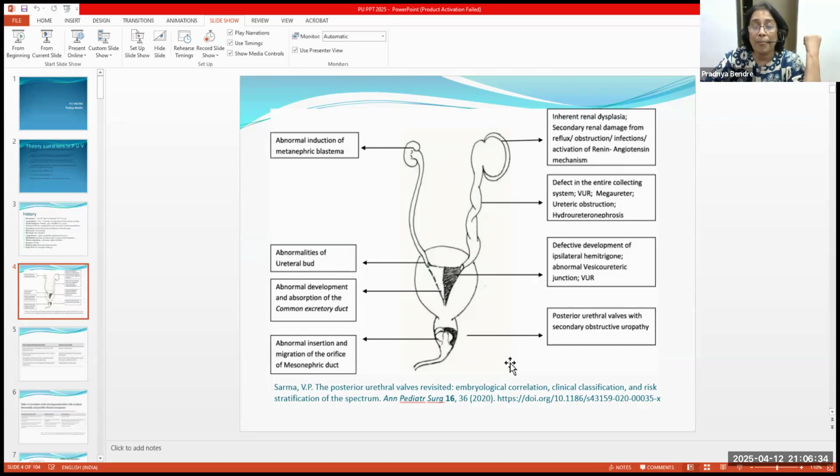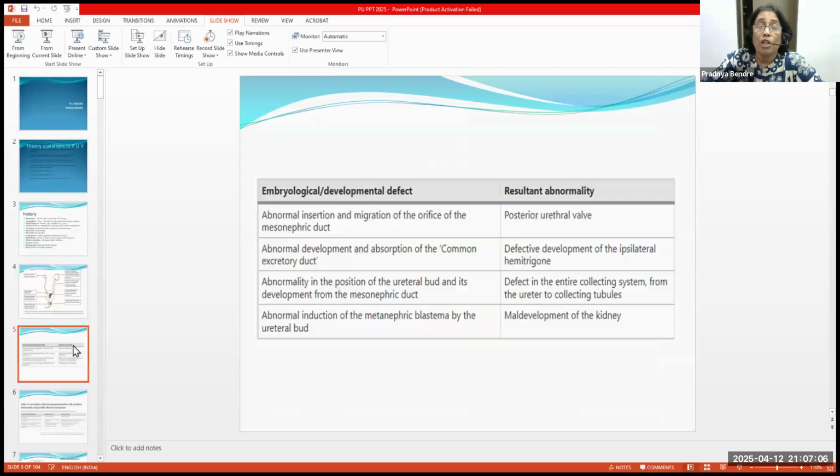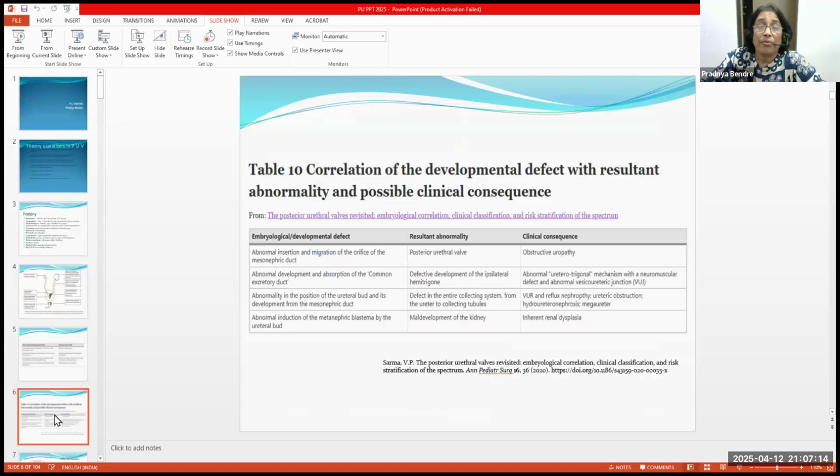Besides simple obstruction of the PUV causing obstructive uropathy, which is one simplified explanation for the effects of posterior urethral valves, this embryopathogenesis also explains why taking away the obstruction doesn't resolve all the features and all problems associated with posterior urethral valves. And this is a nice recent article which has explained everything. So these are the embryological events, and this is the abnormality that results because of that embryological event.